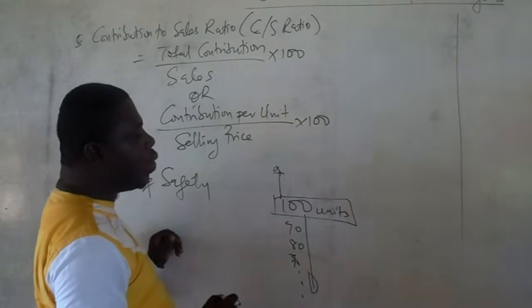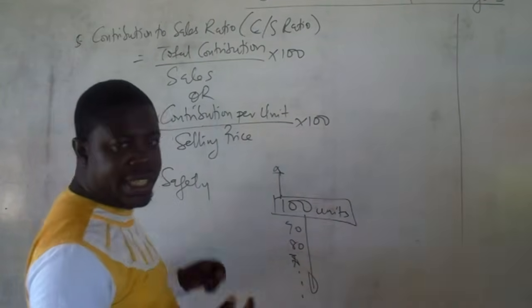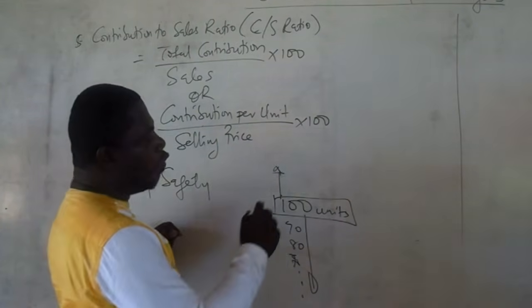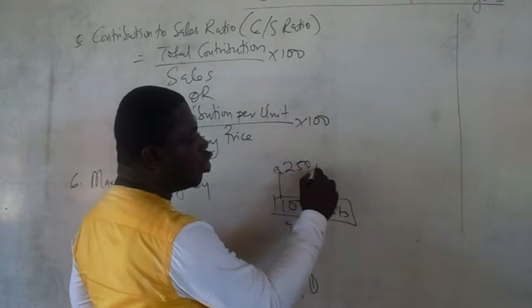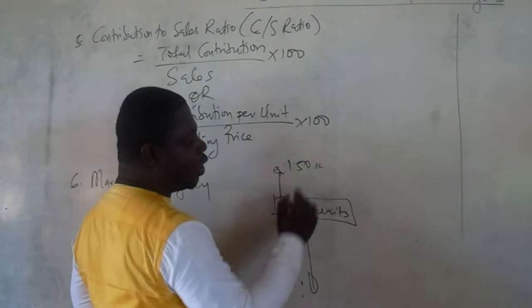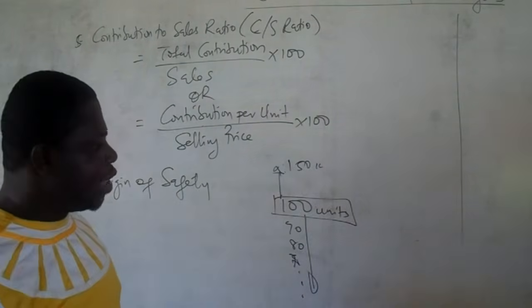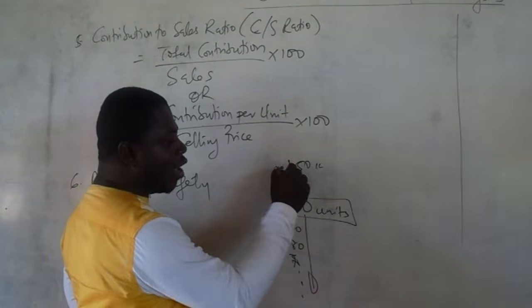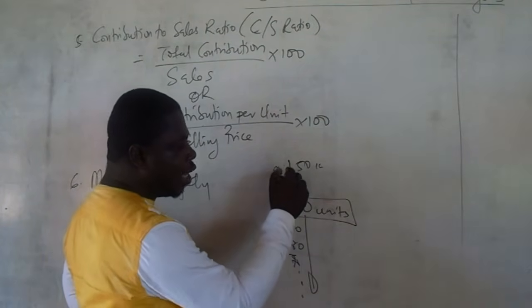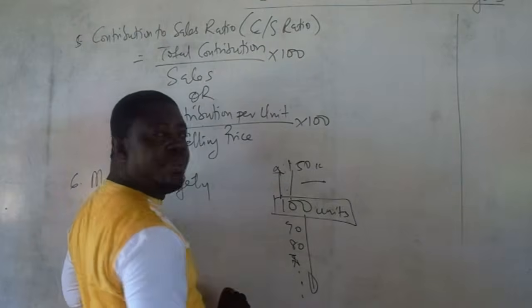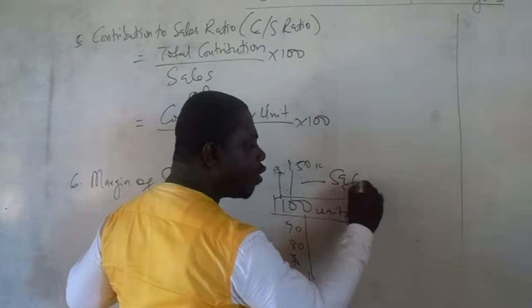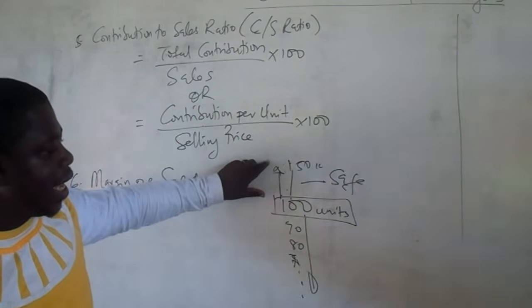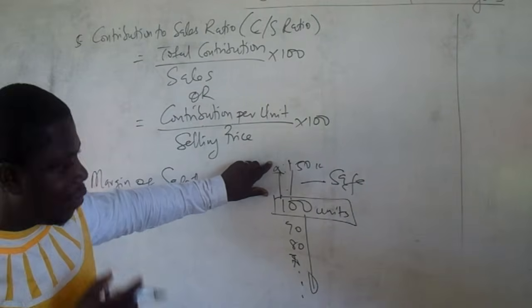And so if we have a budget for 250 units, or let's say 150 units, it means that anything above 100, in other words, in the range of 100 to 150, if we produce here, we are safe. That is the word. We are safe when we produce between 100 and 150.